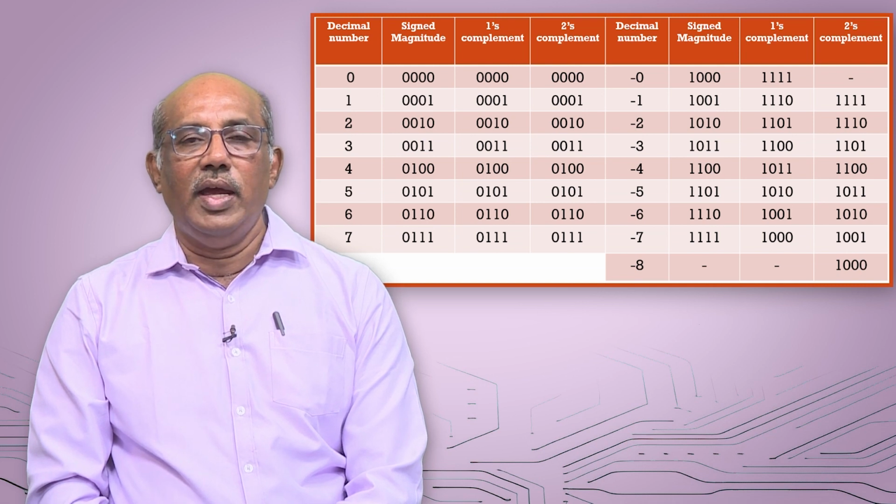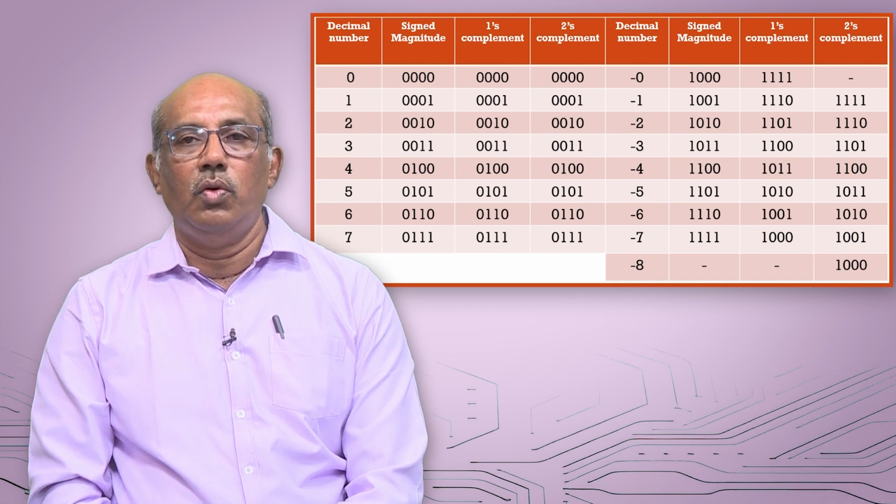So, we can see that in sign magnitude form and in 1's complement form, the decimal number 0 has two representations. In sign magnitude form, you can see that the most significant bit is 1, which shows that the number is negative, and that number is minus 0.